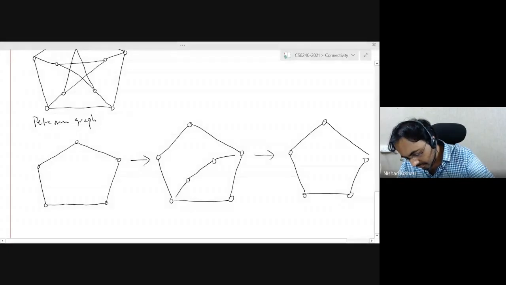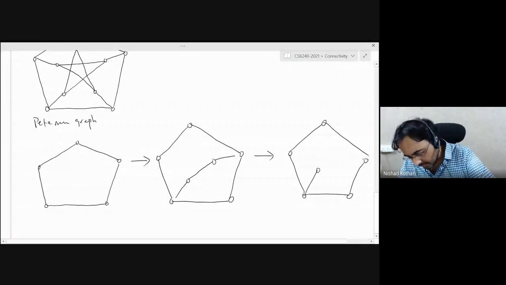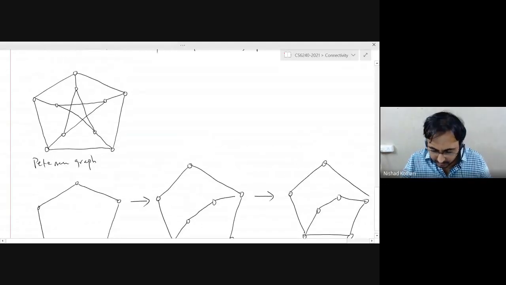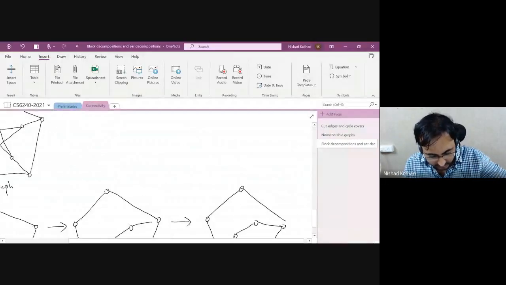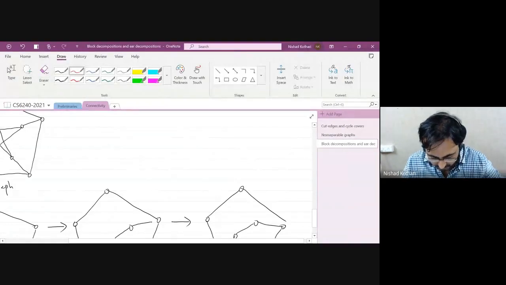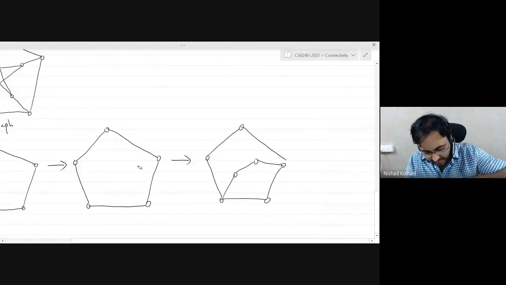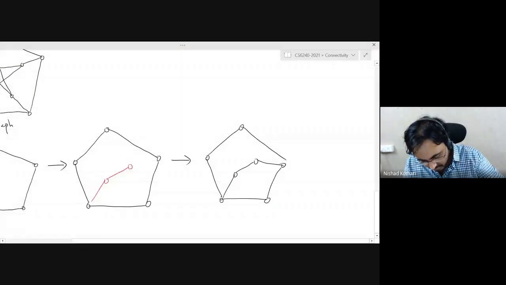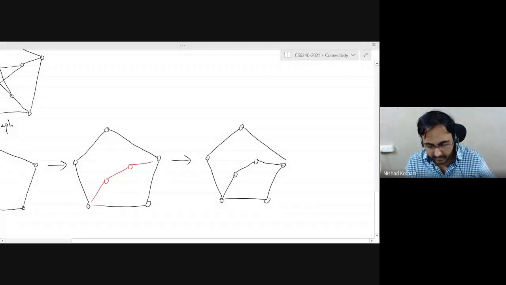Okay? So now we have this much. And now I want to add more stuff. Let me put the new thing in red color, let's say. So the first thing I added is this. Now this one is already there, and I want to add some more stuff.